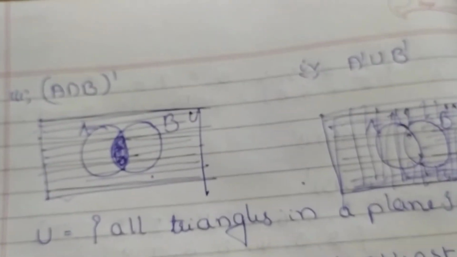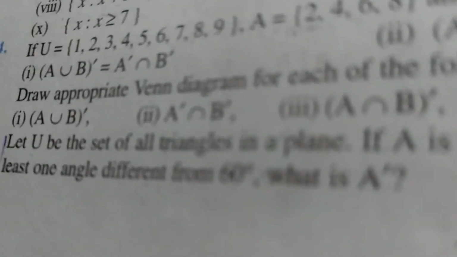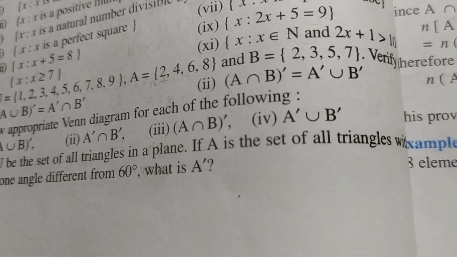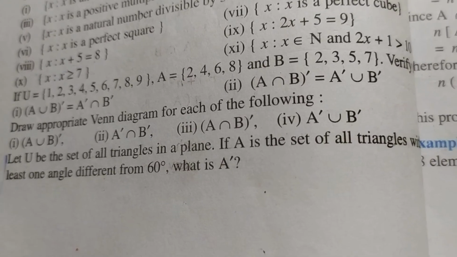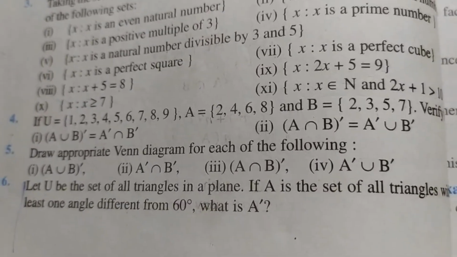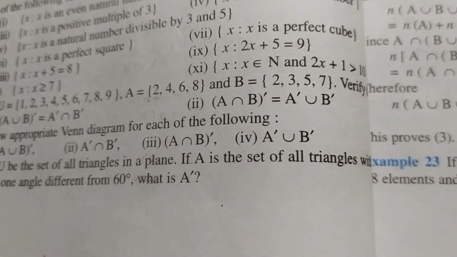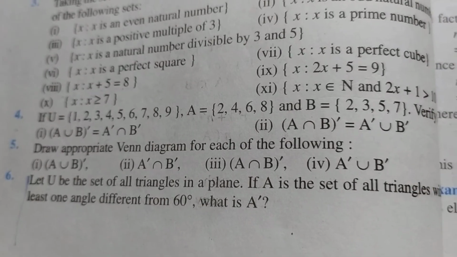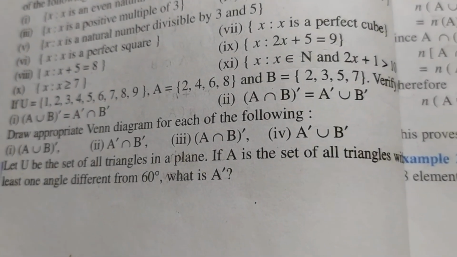Now coming to the sixth question. What they gave: let U be the set of all triangles in a plane. U is the universal set, containing all types like equilateral triangle, isosceles triangle, right angle triangle, all those. If A is the set of triangles with at least one angle different from 60 degrees, then what will be its A complement?